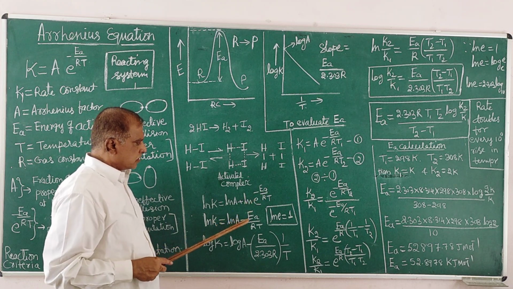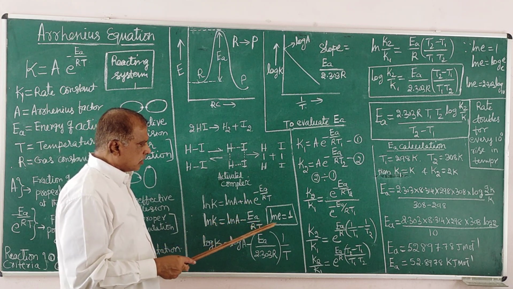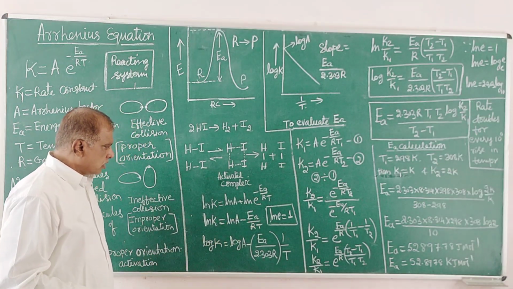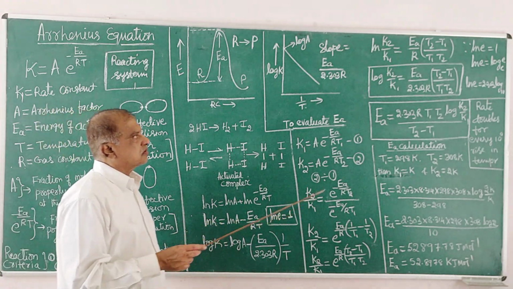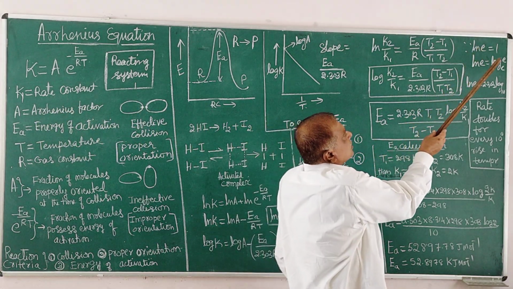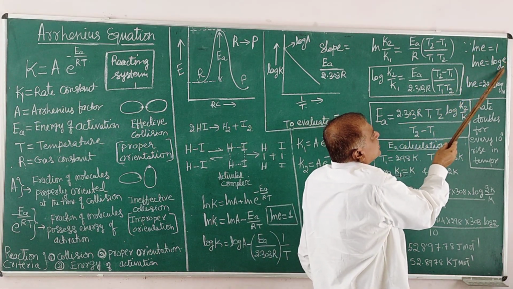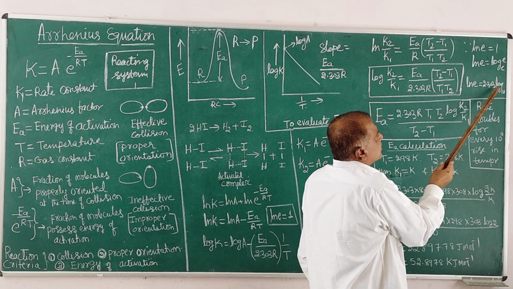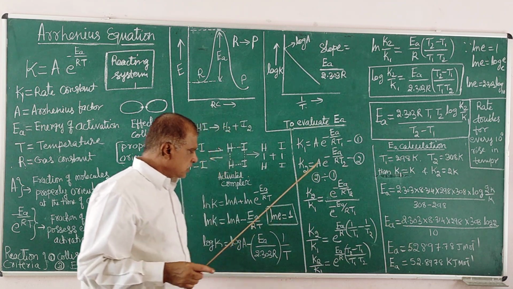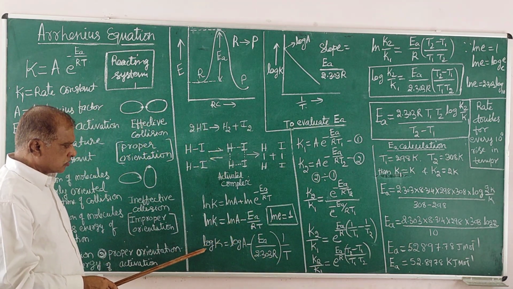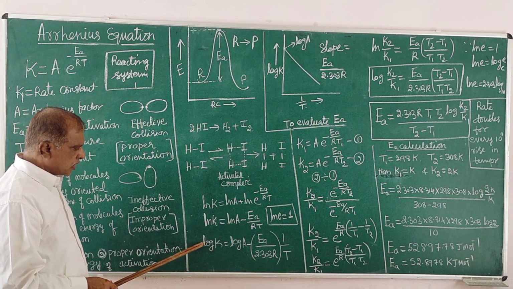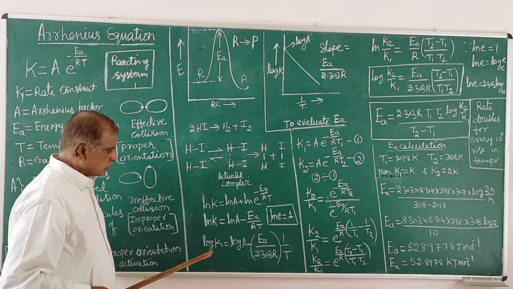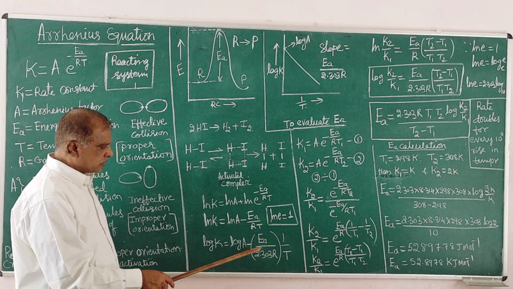And the exponent into log e is equal to 1, reducing to this. This is a natural log, that is, log to the base e. To convert this to logarithm to the base 10, it is 2.303. That is why, dividing throughout by 2.303, we get this equation.